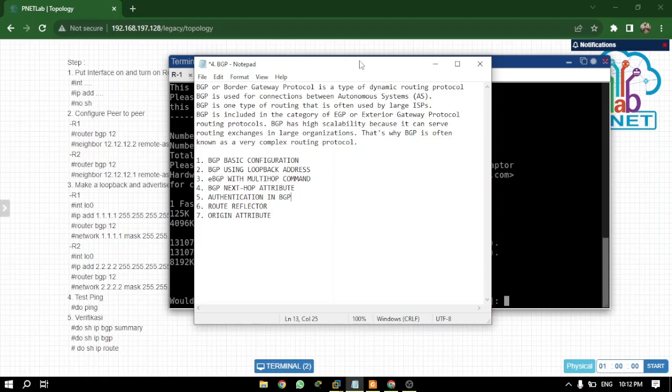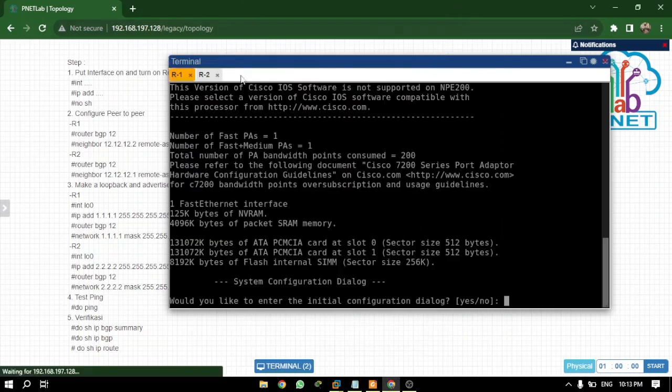BGP has high scalability because it can serve routing exchange in large organizations. That's why BGP is often known as a very complex routing protocol. Okay, that is about BGP. You can see here my notes.